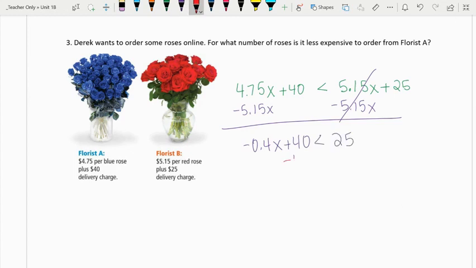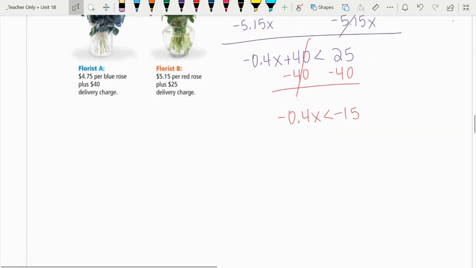And so then we're going to subtract 40. So negative 0.4x is less than 25 minus 40, which is negative 15. Our last step is to divide by negative 0.4. Flip our inequality because we divided by a negative.